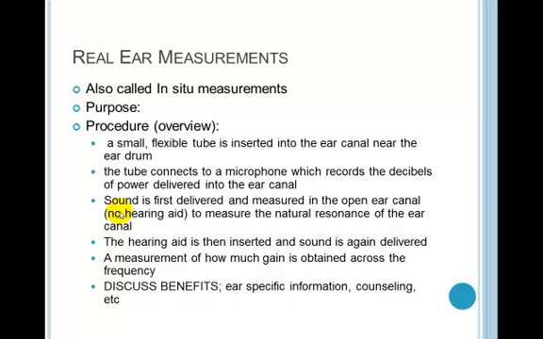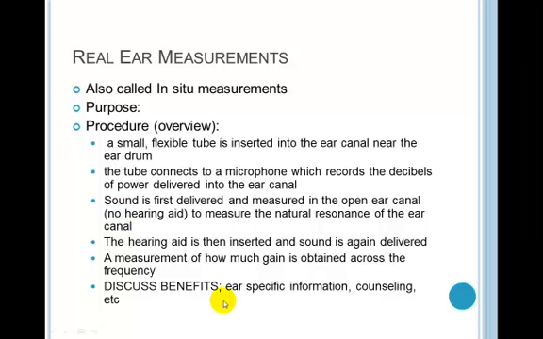This tells me, without the patient saying anything, how much boost the patient is actually getting across the frequency range when soft sounds are delivered, moderate level sounds or average level sounds, loud sounds.